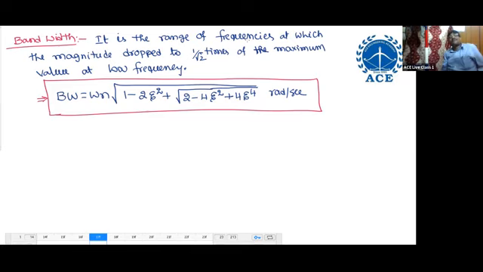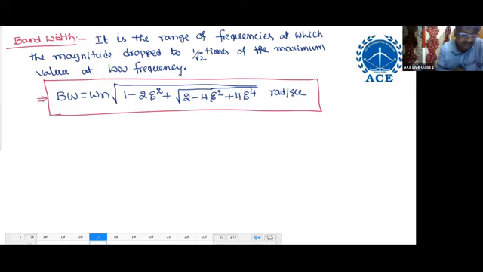DC gain is found only for a stable system. First, remember: DC gain is generally found for stable systems. We don't consider any pole at zero, and we don't consider multiple poles at all. When there is no pole at the origin, then DC gain, system gain and steady state gain are all the same. With a pole at the origin, we don't calculate DC gain at all because the system is not stable.